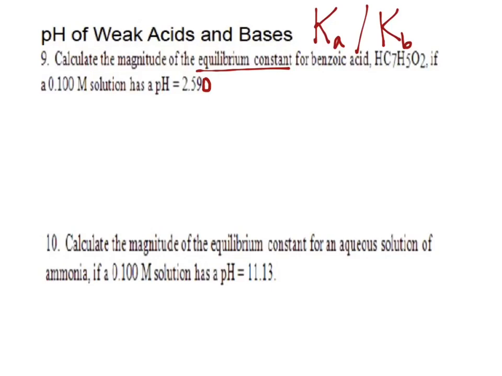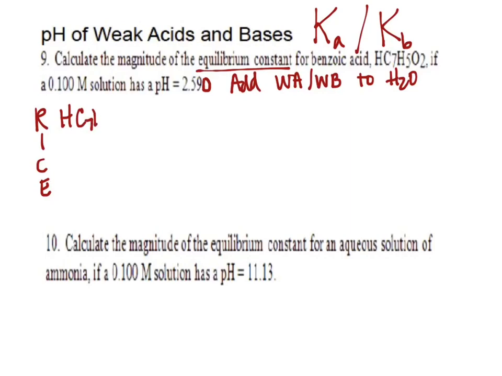Anytime you have a weak acid or weak base, you need to add it to water, and we're going to do a RICE table. So our weak acid is HC7H5O2. We're going to add it to water.